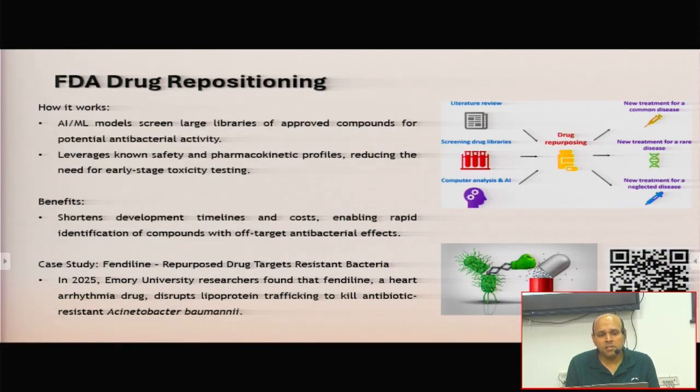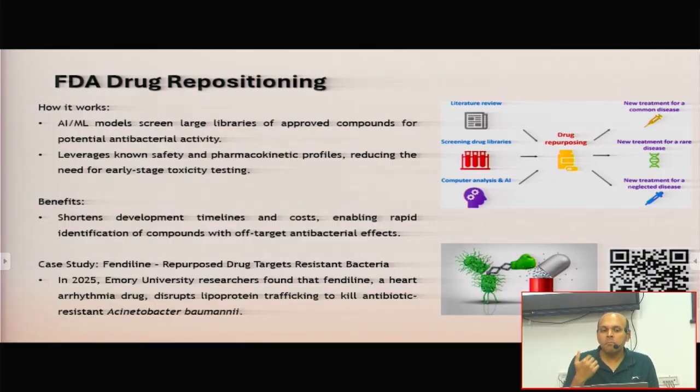AI models screen large libraries of approved compounds for potential antibacterial activity, leveraging known safety and pharmacokinetic profiles. For certain drugs, we already know whether they are toxic, because they are already approved. So that is another important thing: it reduces the time and the effort.